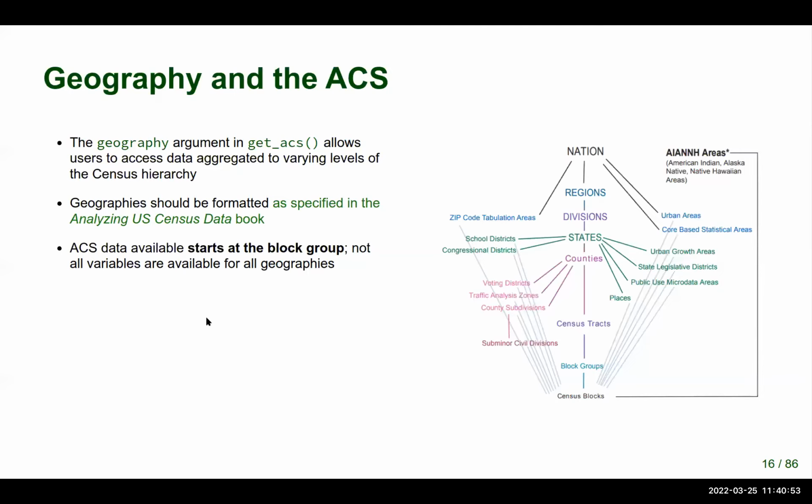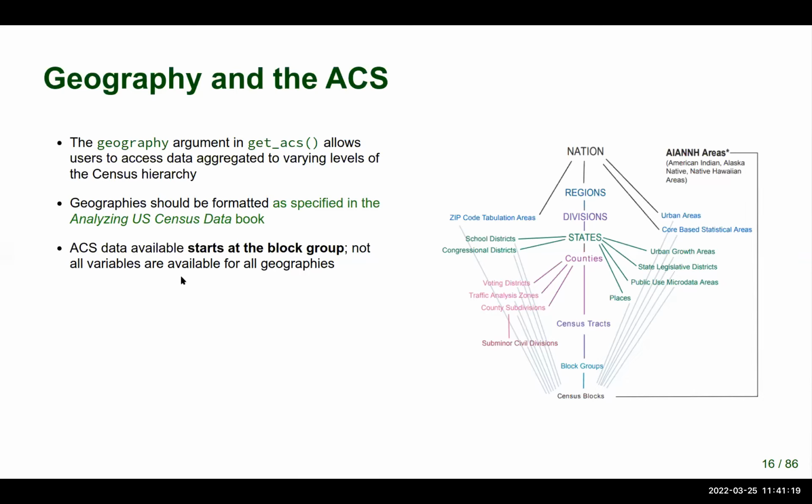With respect to geography, remember that ACS data start at the block group level. Census blocks are the smallest geography at which we can get data in the decennial census data. We can't get block level data for the ACS. We start at the block group. You can get ACS data for all of these other geographies, and what we can do is grab data as specified at the link here.